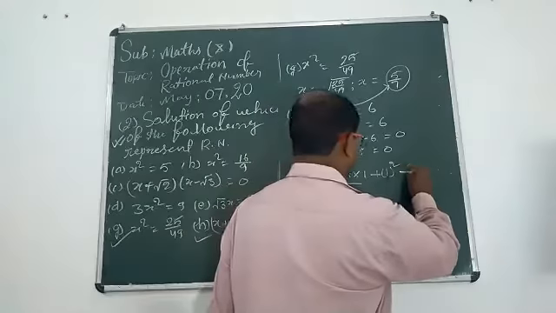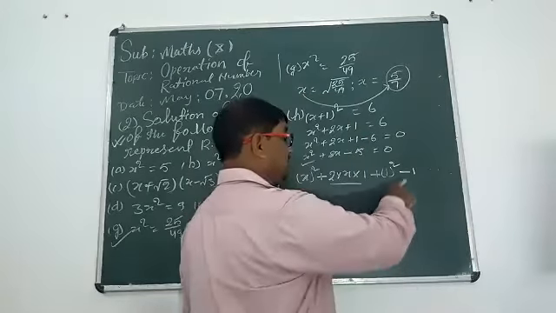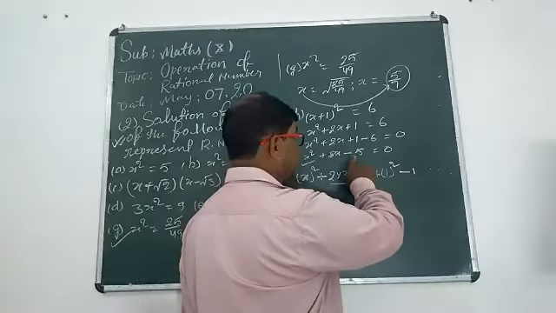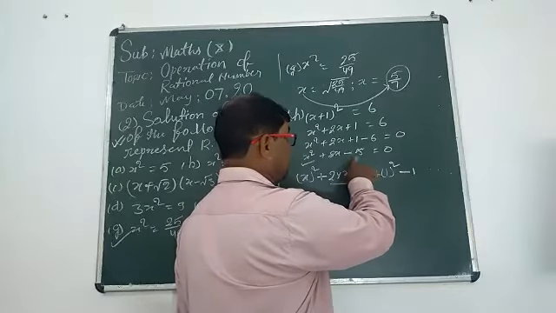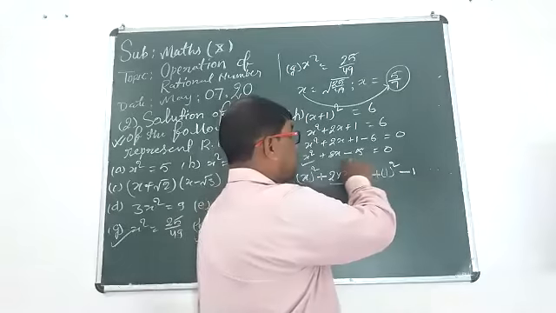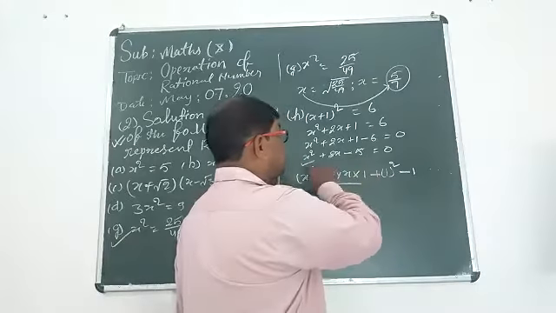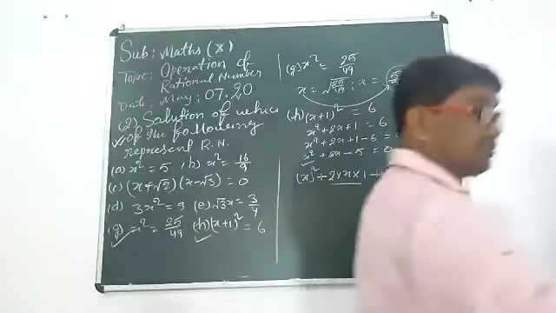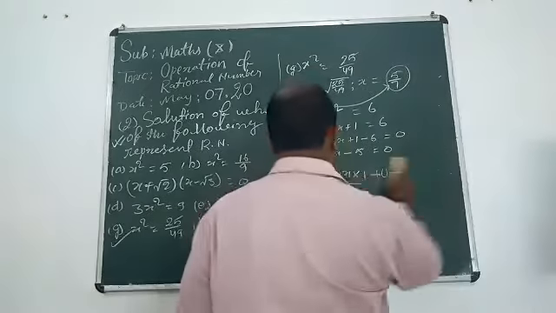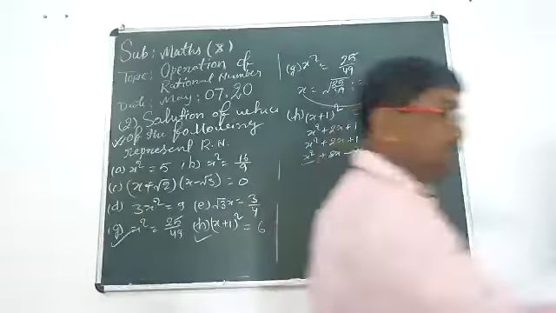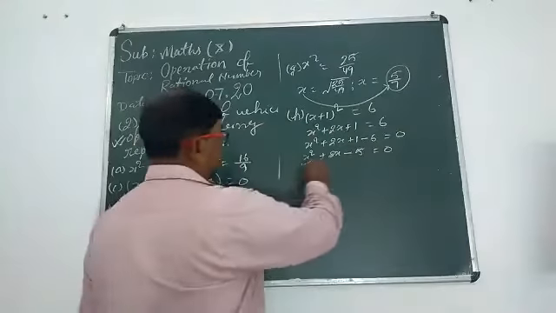If you subtract 1, then this is the remaining thing. How can you get this? We will discuss this after some time. You should go to the middle term split and try to solve it.